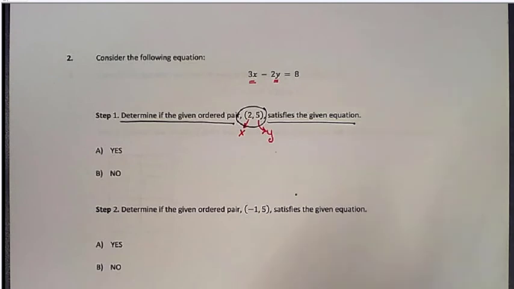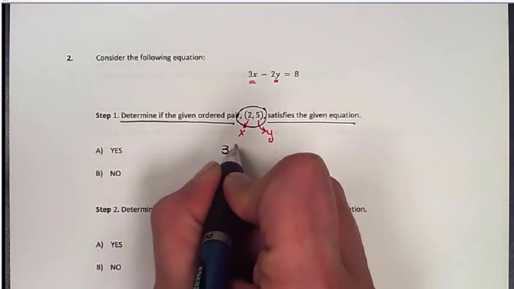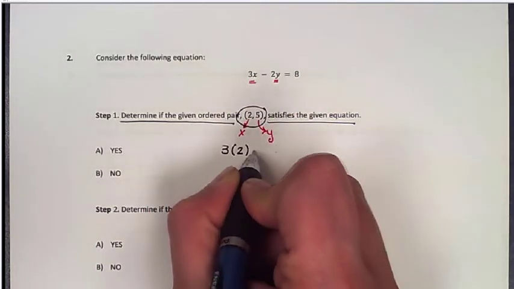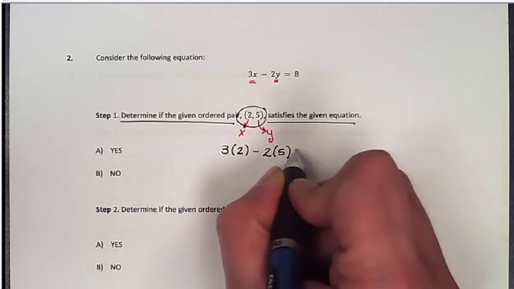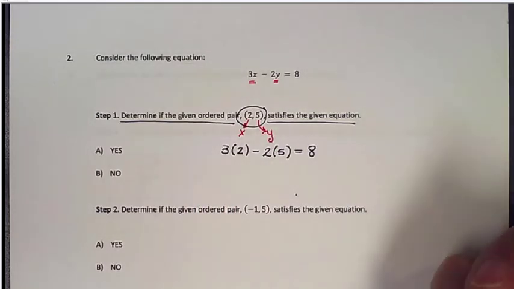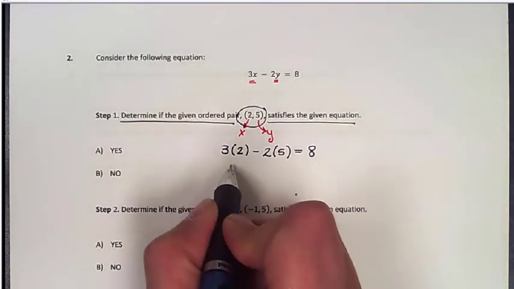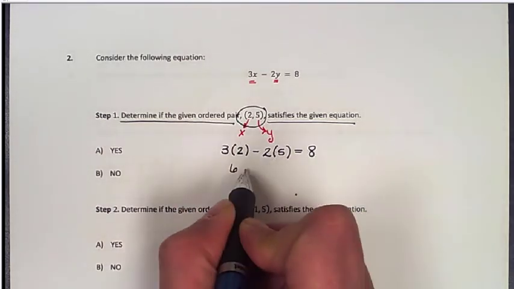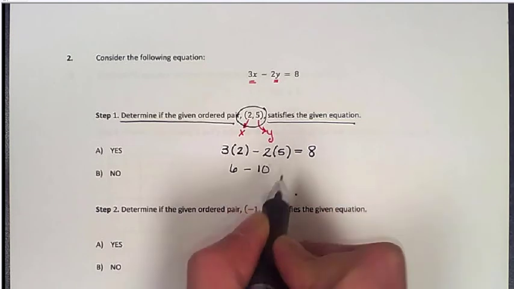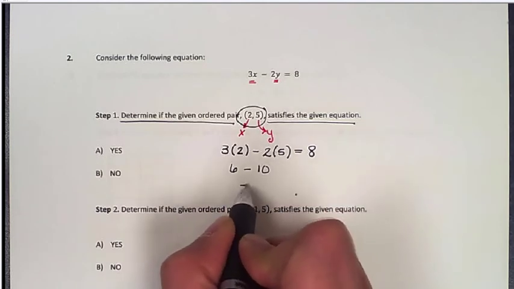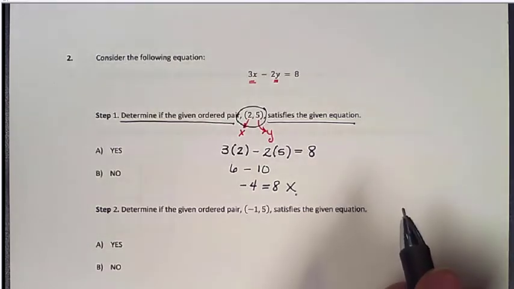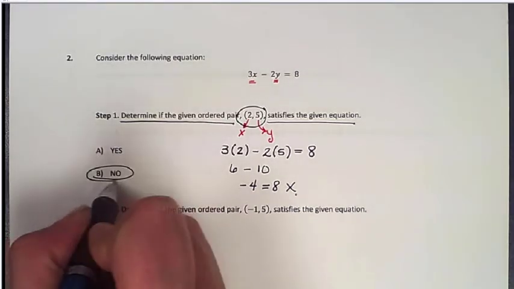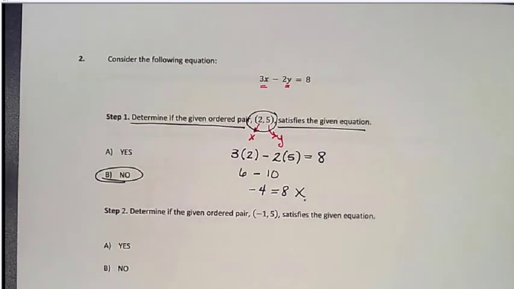So we would have 3 times 2 minus 2 times 5, and we want to know, does that give us 8? So 3 times 2 is 6, 2 times 5 is 10. So 6 minus 10, that is going to be -4. And unfortunately, -4 does not equal 8, so our answer would be no. That's not a solution for this line.